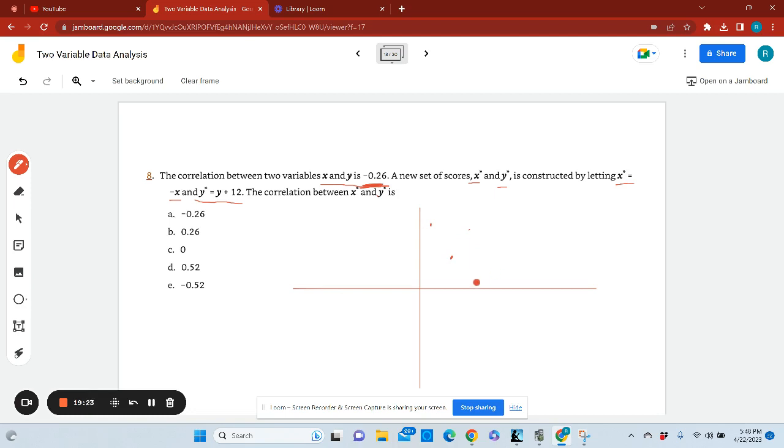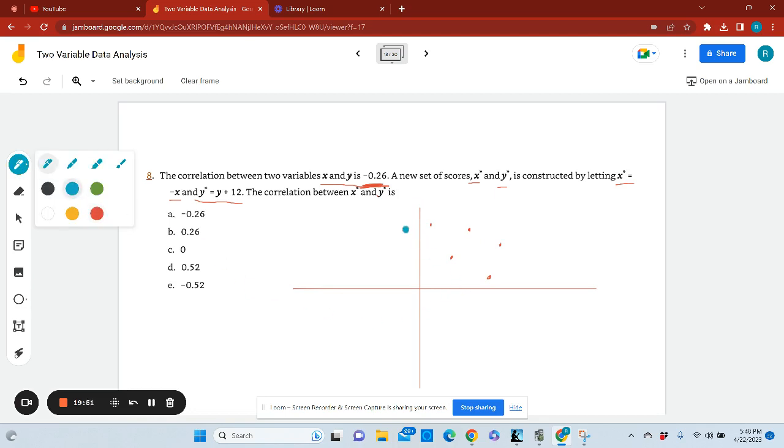And maybe I'll do like 5-ish data points to make this as simple as possible. So here are our data points. This kind of looks like a negative 0.26 correlation, a very loose downward sloping pattern, right?